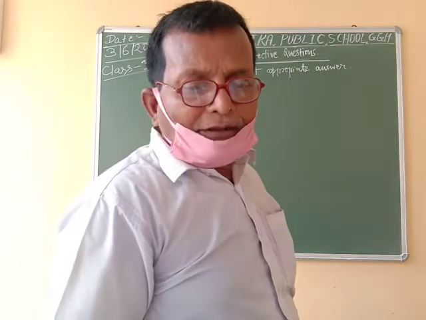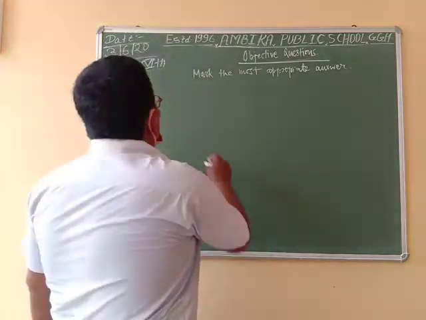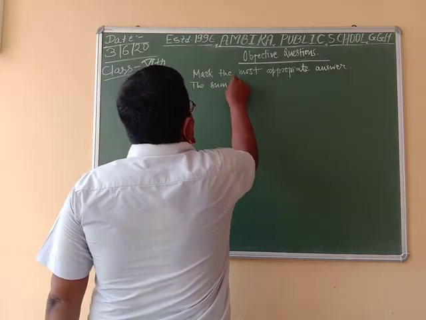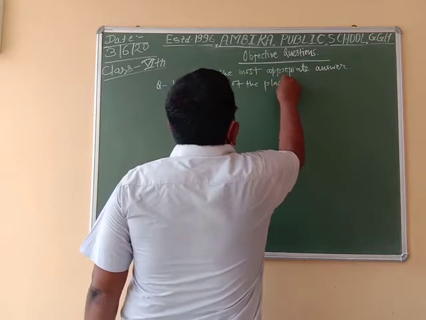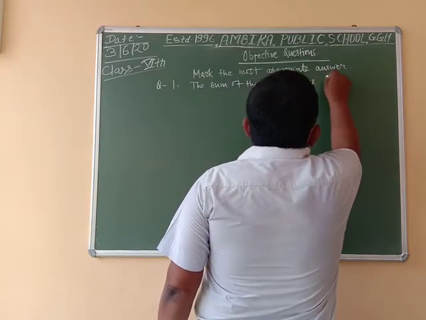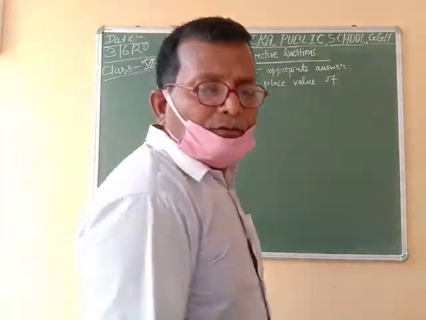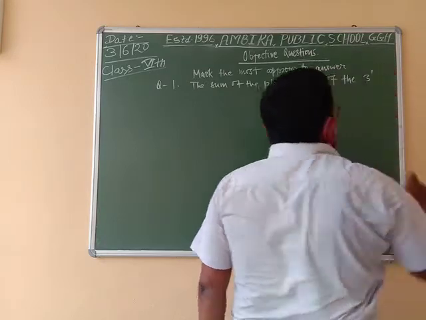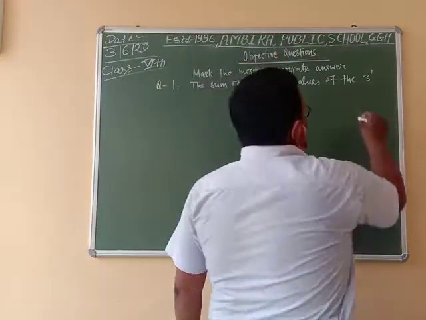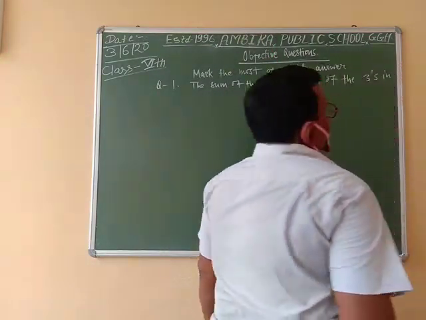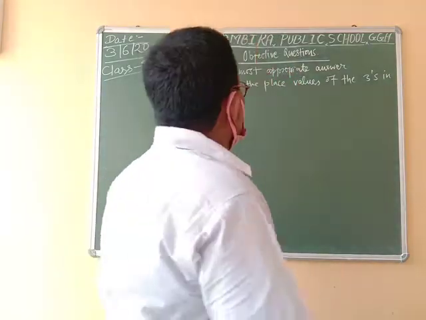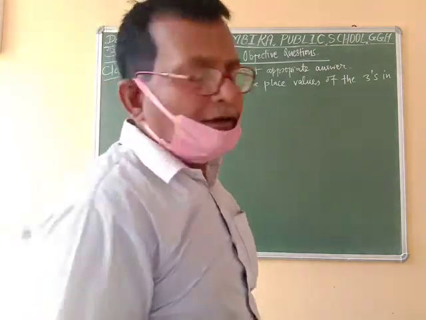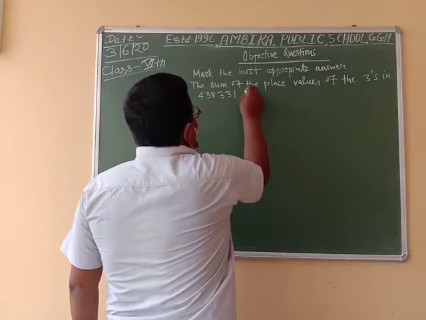First question: the sum of the place values of the threes in 438331 is.